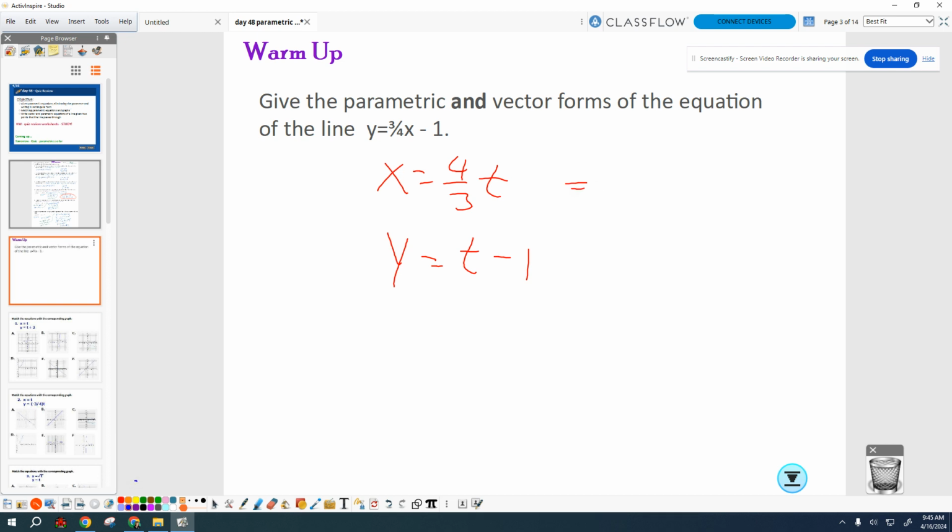If I solve for t, multiply both sides by 3/4, t equals 3/4 x. And then if I take that and put it in the y, did it work? Yeah.